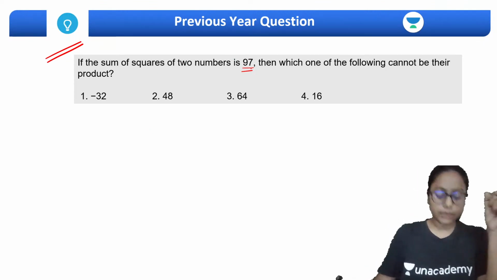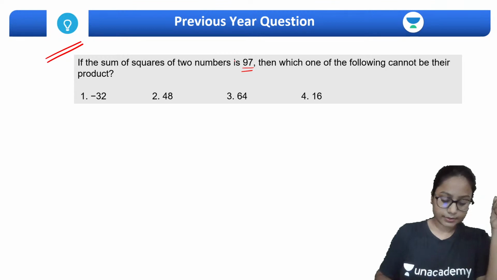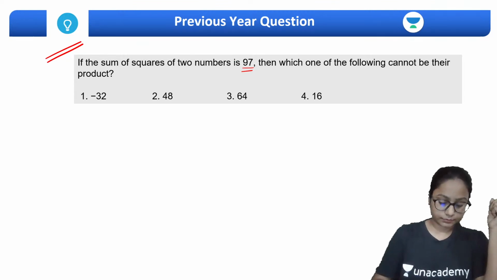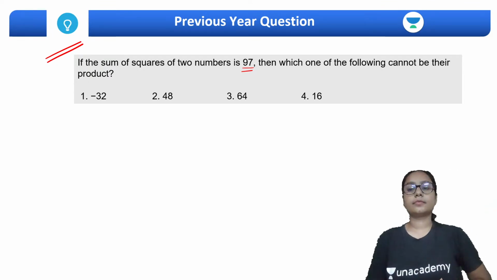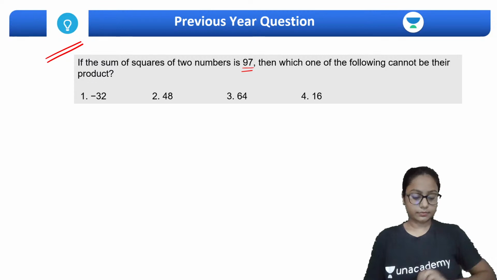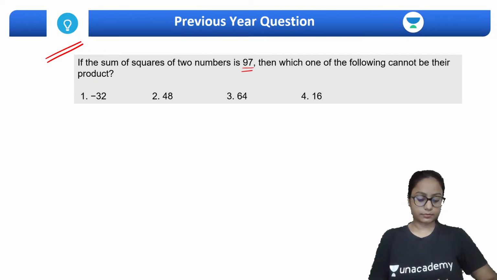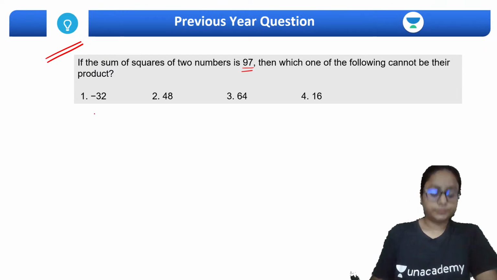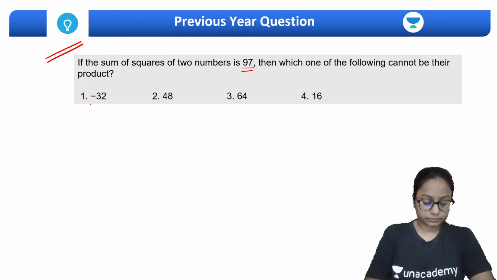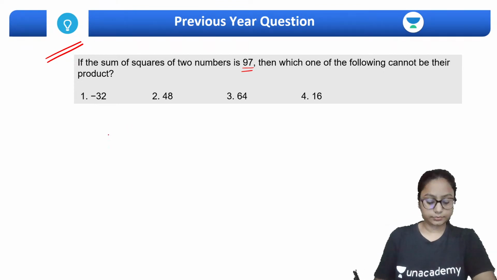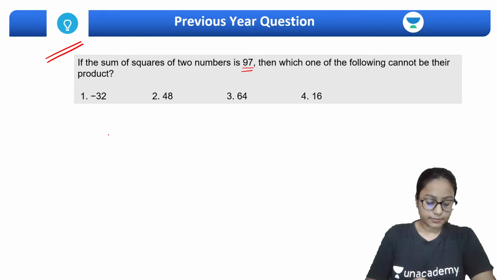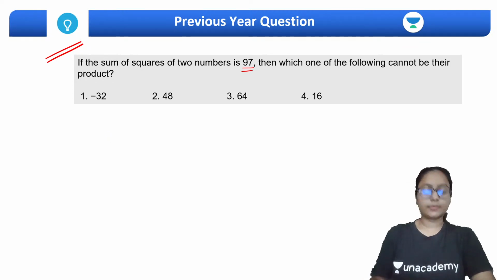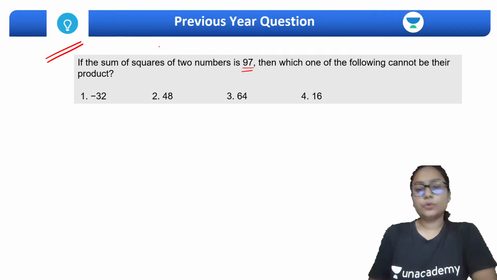Sum of the squares of two numbers is 97. So you have two numbers.